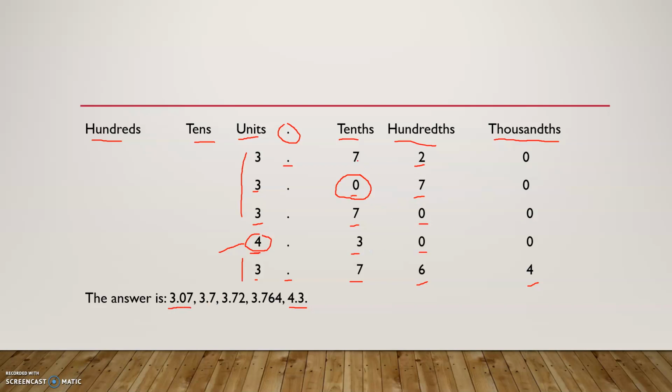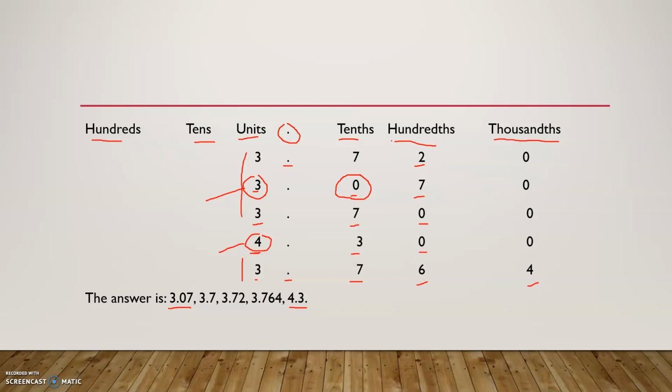Next we look at 7 and 7, which is the same. We go 3, but 3 is a part of 4.3, which is our largest number. We already took care of that one. So all of them are 7, so we can't compare anything under tenths.